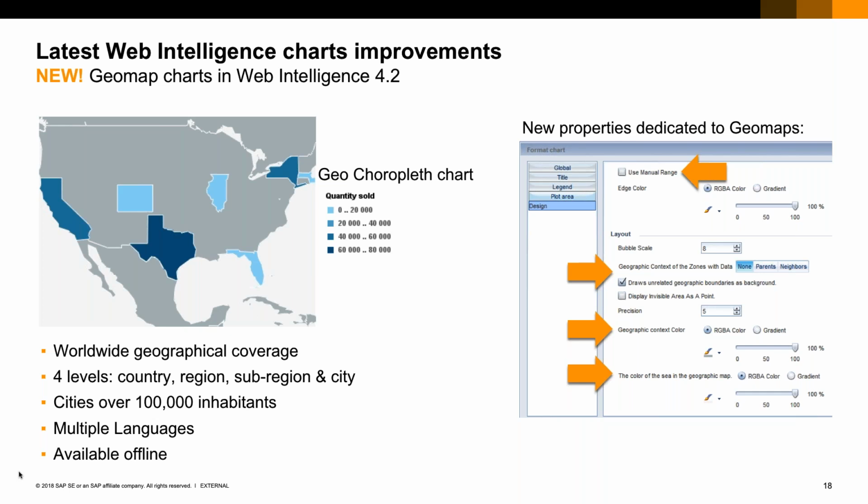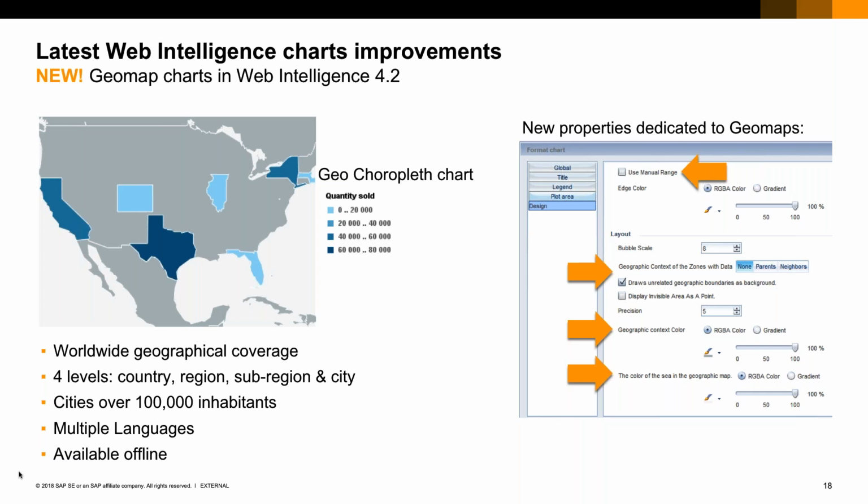Because of the addition of geomaps, we created new settings really dedicated to the geomap that you can find specifically in the plot area category, such as the use manual range, which allows you to define the actual region of the world that you want to see in your geomap.